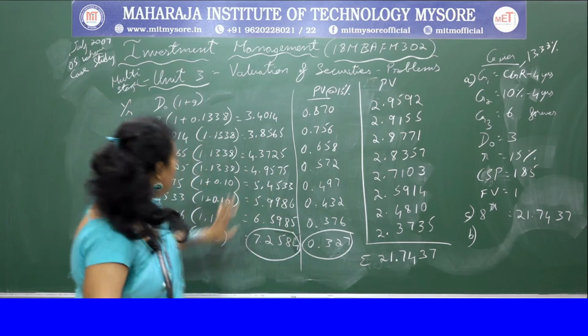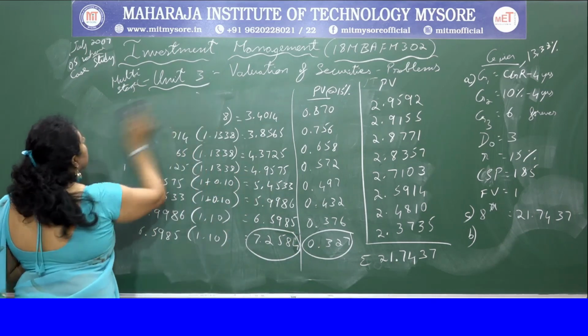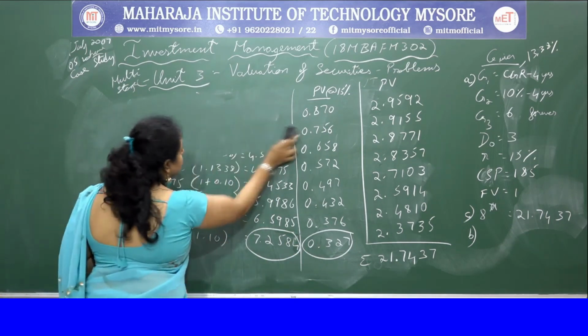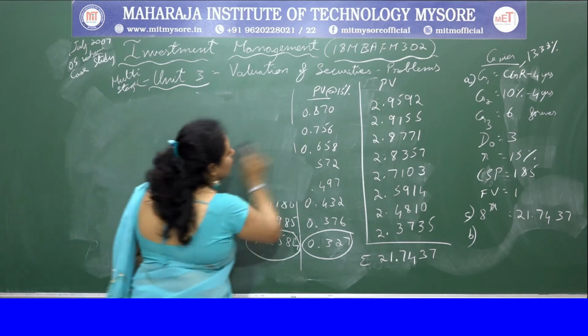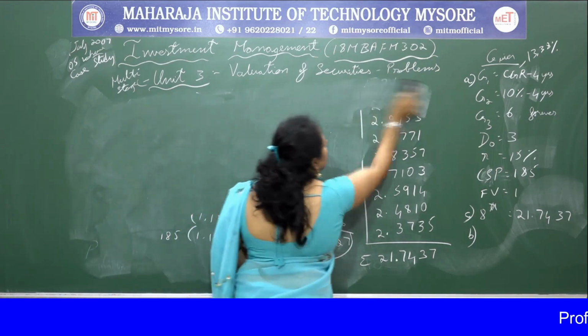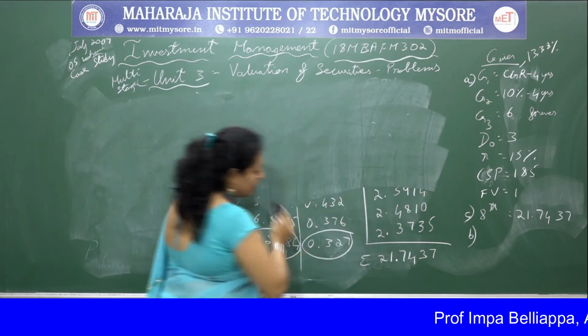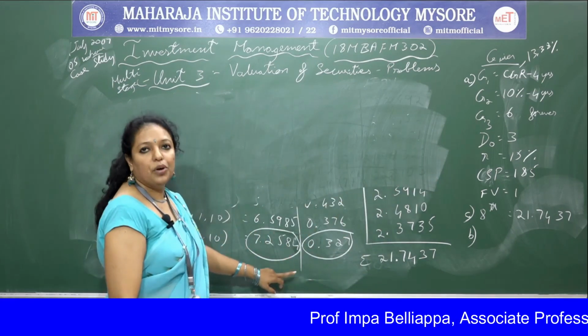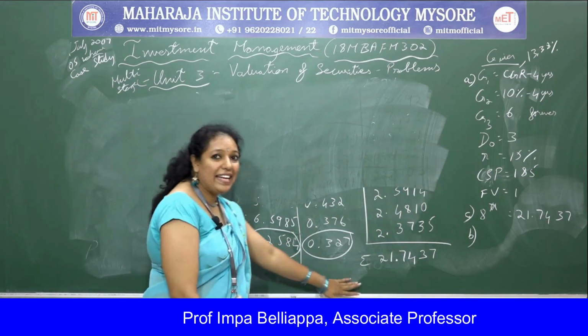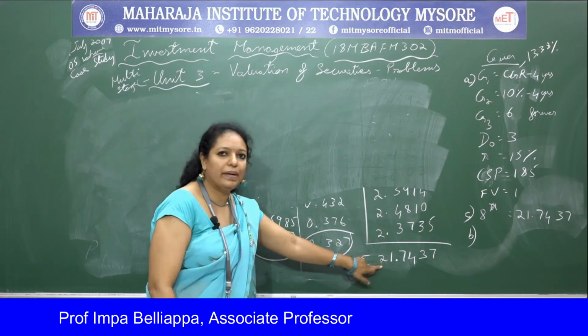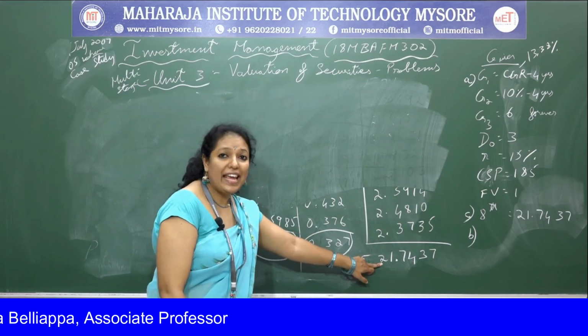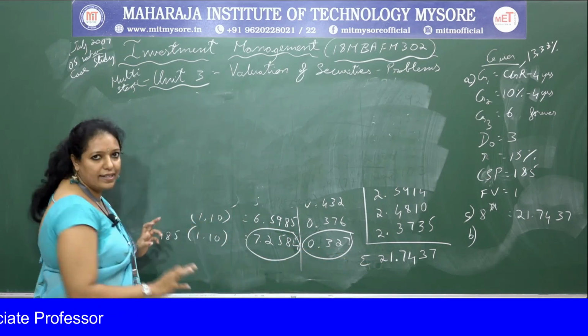So this you have understood, I guess. So this is the total present value up to 8th year. Now it will stabilize at 6%.